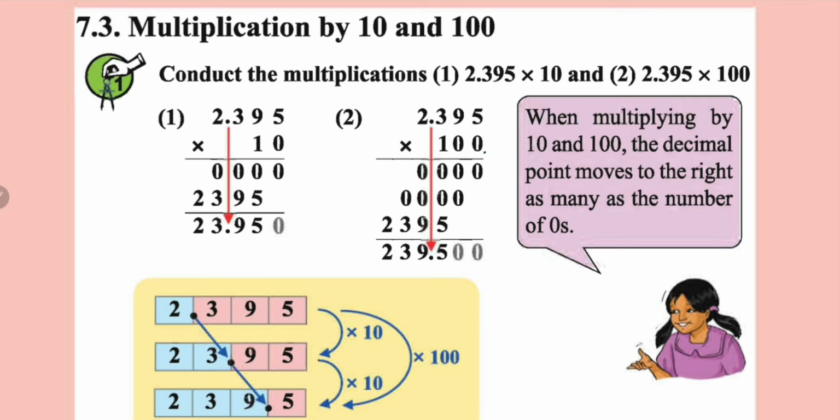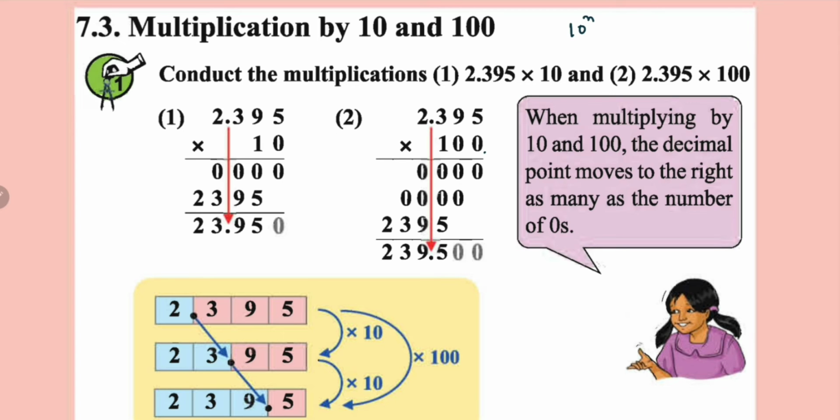So in general, when you multiply a number with 10 or 100, the decimal point moves to the right by as many places as the number of zeros. This is 10 power n.